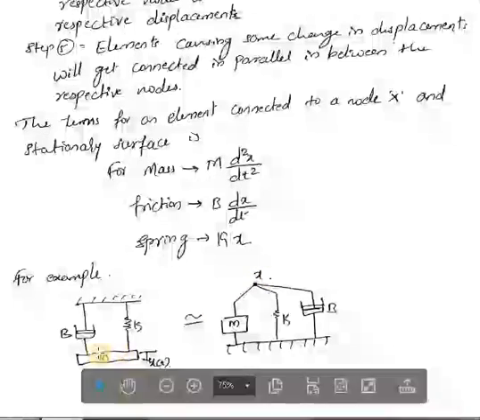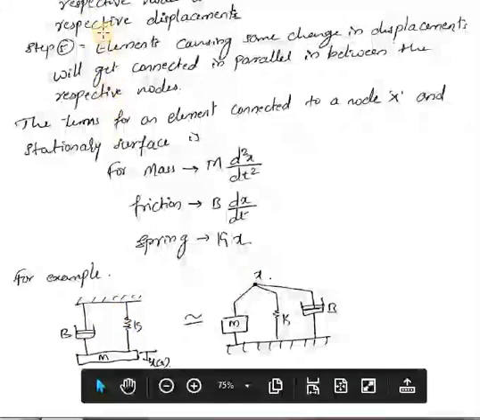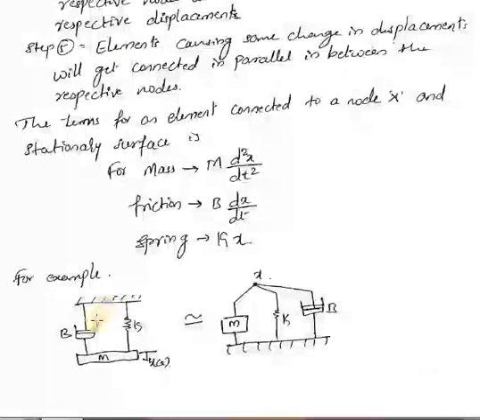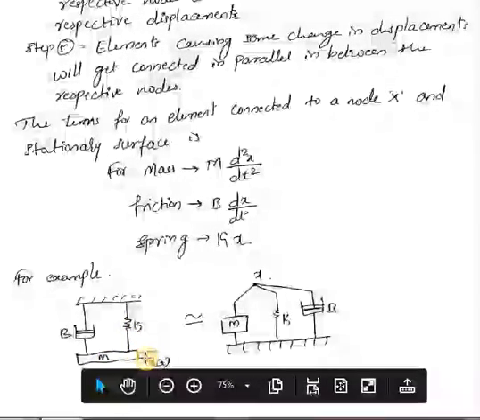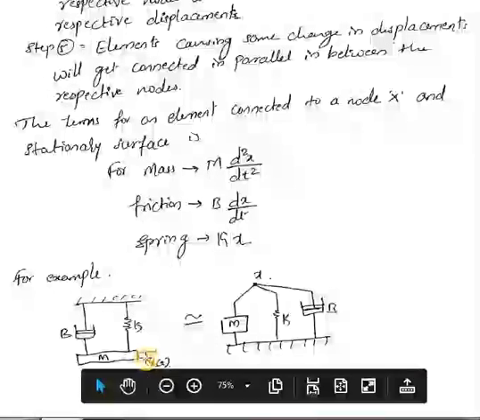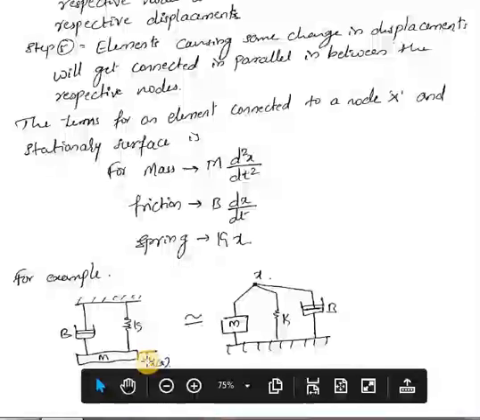By considering this example, we'll try to analyze these 5 steps. Here it is a system which has a damper b, then a spring, then a mass m, and here it is x of s, that is the displacement. To write the equivalent mechanical system, the first step is to identify the number of displacements. Here we have only one displacement, that is x.